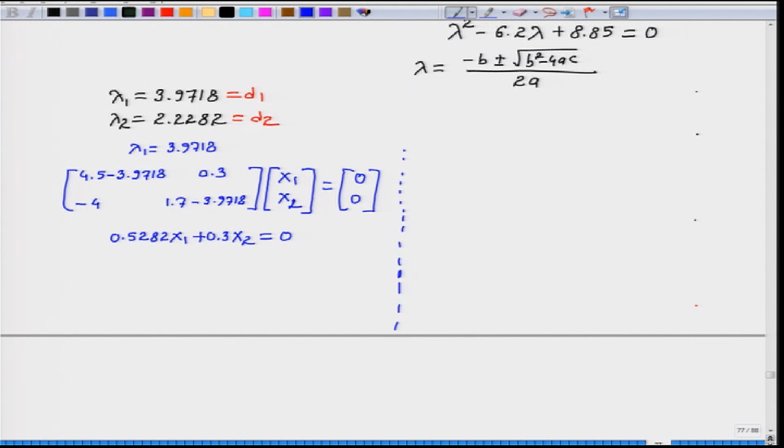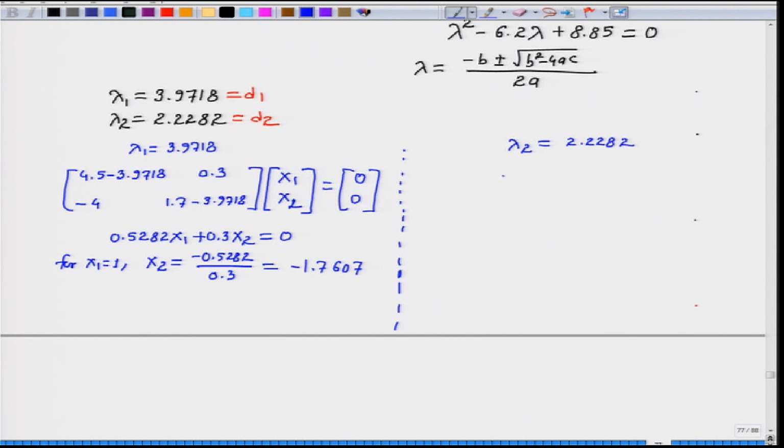It is easier to do the calculations. This is the first eigenvector. If we assume the first element x1 to be 1, we can find x2, which comes out to be minus 0.5282 divided by 0.3, that is, minus 1.7607.